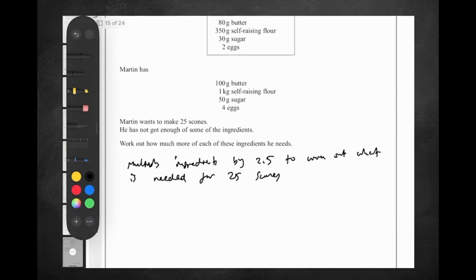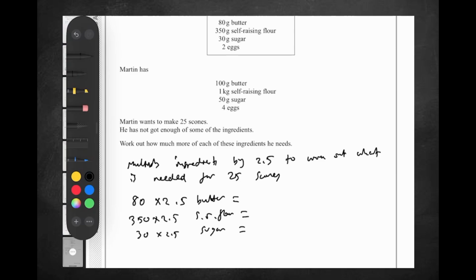So he needs 80 times 2.5 butter. He needs 350 times 2.5 self-raising flour. He needs 30 times 2.5 sugar. And he needs 2 times 2.5 eggs.